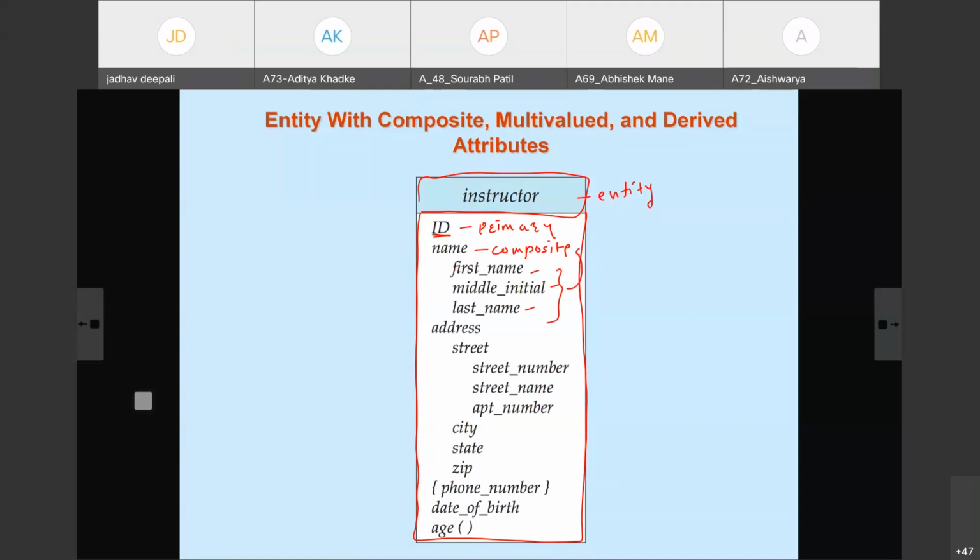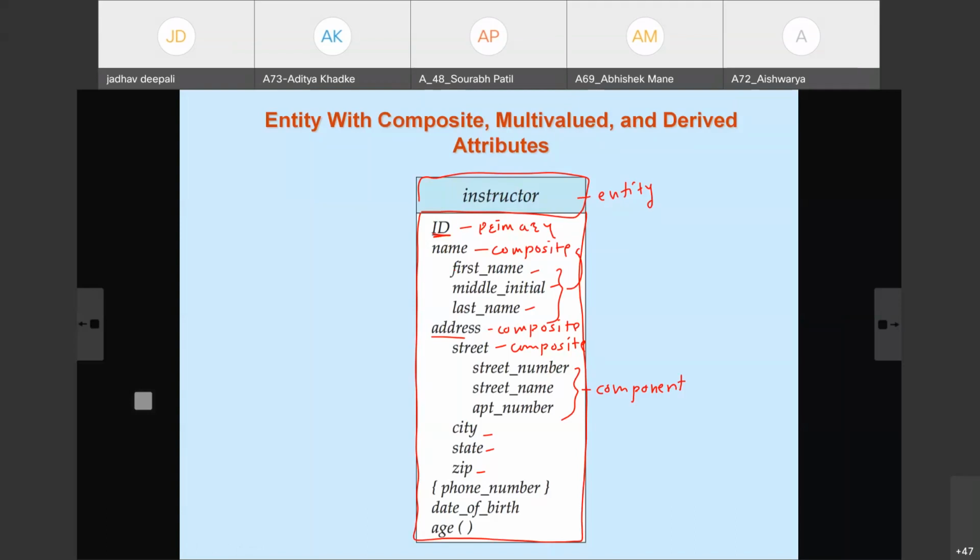Similarly, address is a composite attribute whose component attributes are street, city, state and zip. Street is again a composite attribute with three components: street number, street name and apartment number. In this way, a composite attribute is shown with the help of indentation.